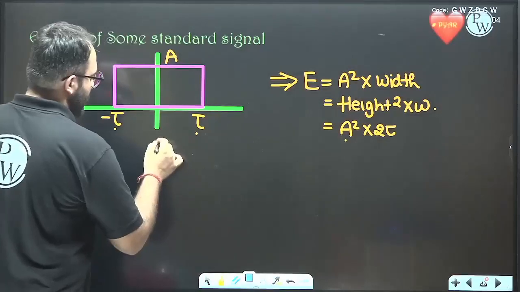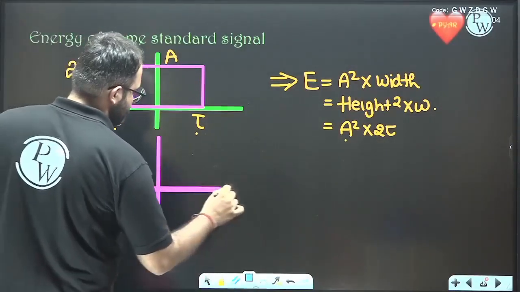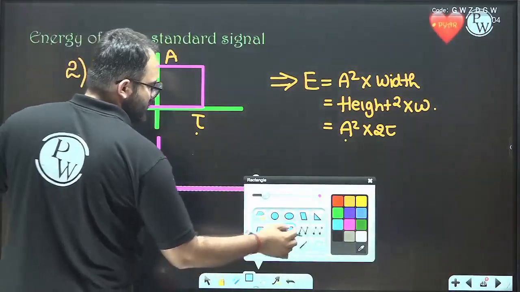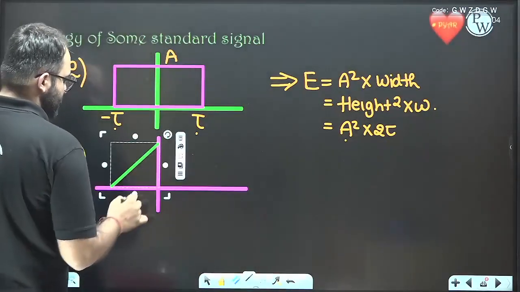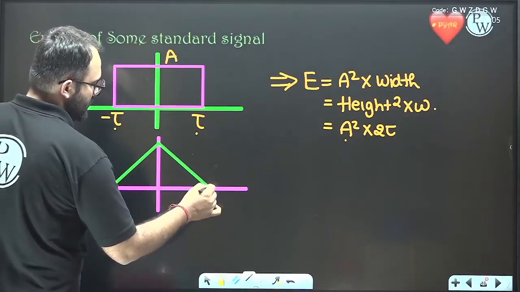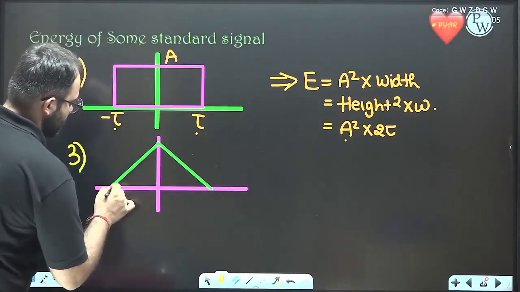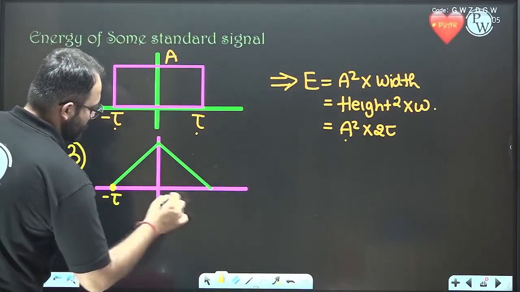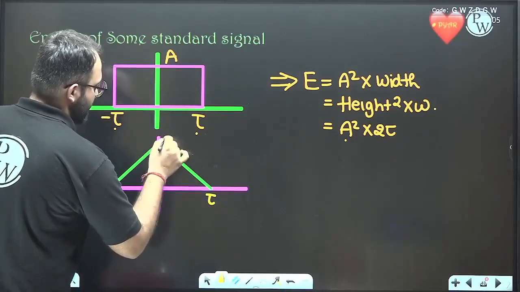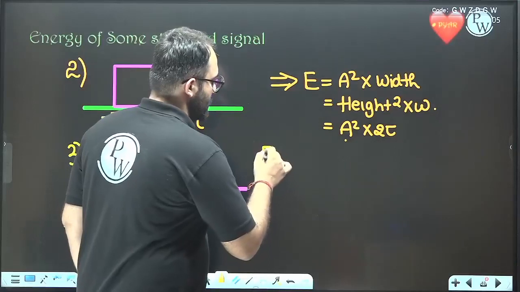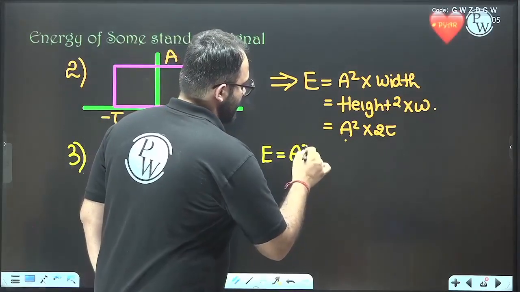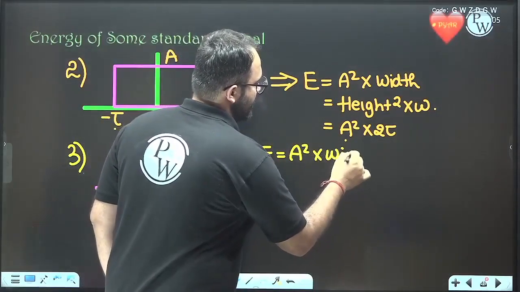one more example, the triangular function. So the triangular function is like this. This is a triangle from minus tau to tau. Height is a, let us say. So the energy of this signal is equal to a square multiplied by width divided by 3.